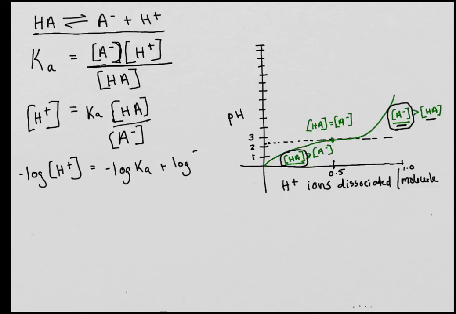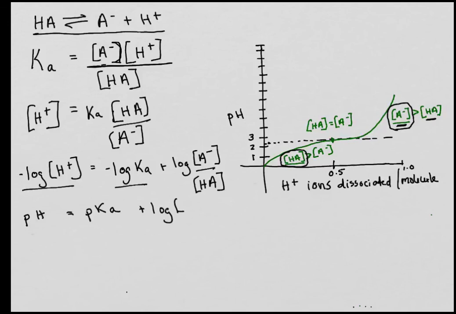And then just using rules of log, the negative log would be the log of the reciprocal. And this starts to give us something that looks really familiar. Negative log of H plus is pH, negative log of Ka is pKa, or pK, plus the log of A minus over HA. And this is it, the Henderson-Hasselbalch equation.